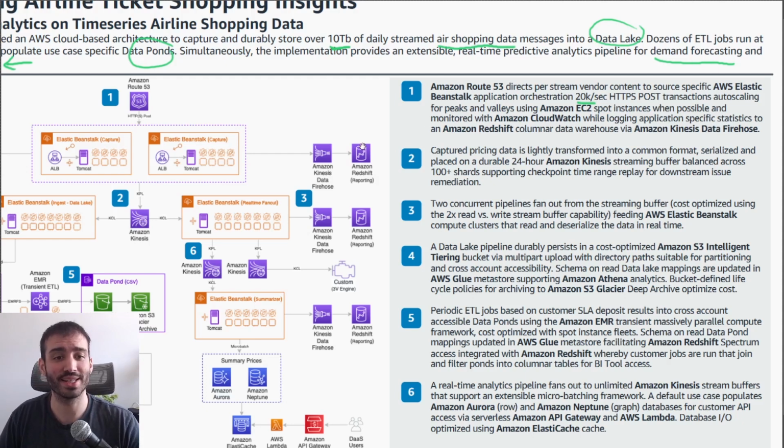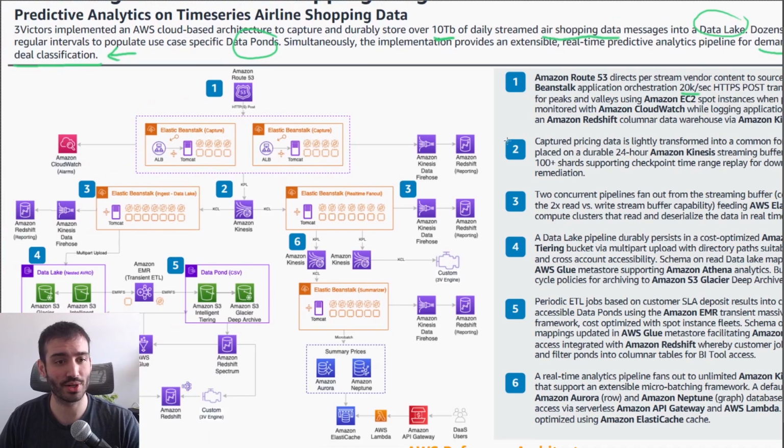So let's go through each of these one by one and try to understand what's happening here. So they have like an endpoint here that they expose, and it looks like someone or something is posting data to this application, and this is based on Elastic Beanstalk. Now, if you've never used Elastic Beanstalk before, it's a very convenient way to host your application.